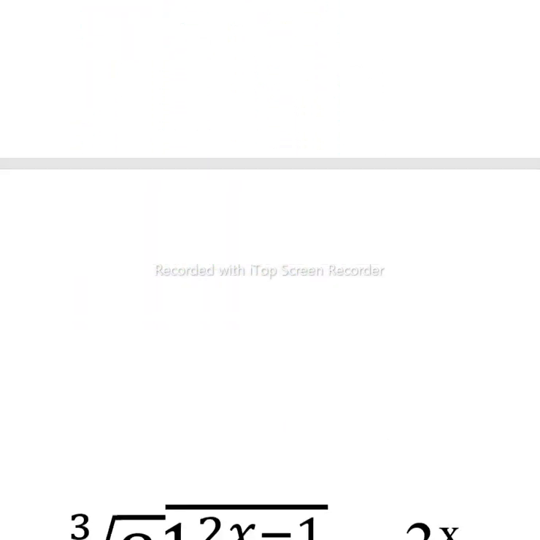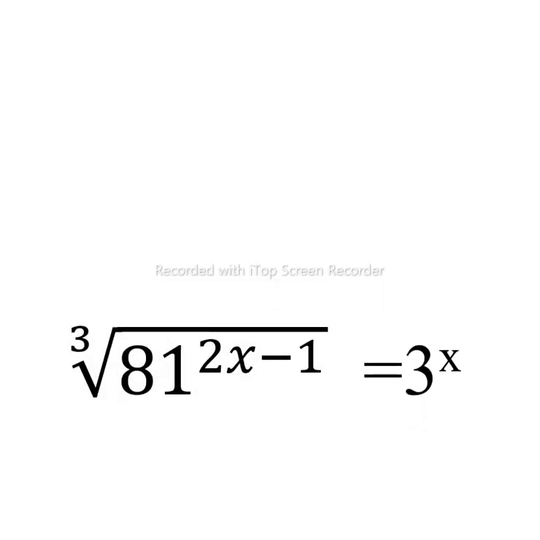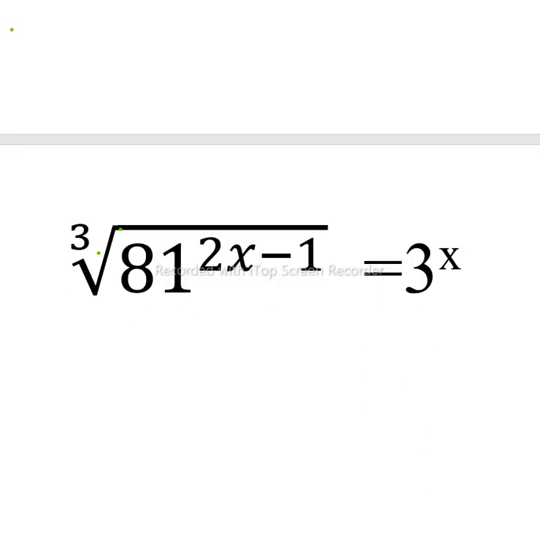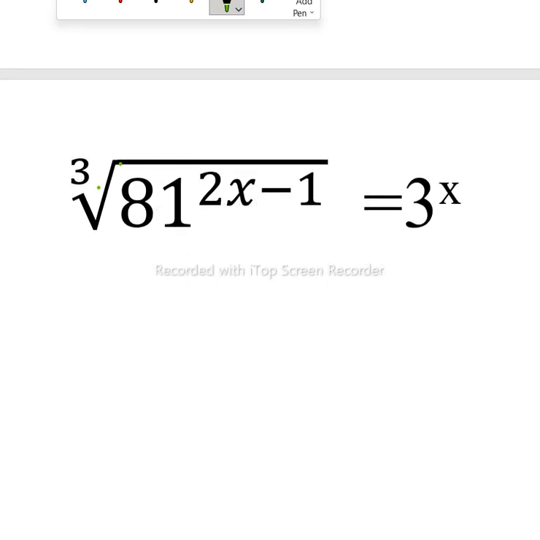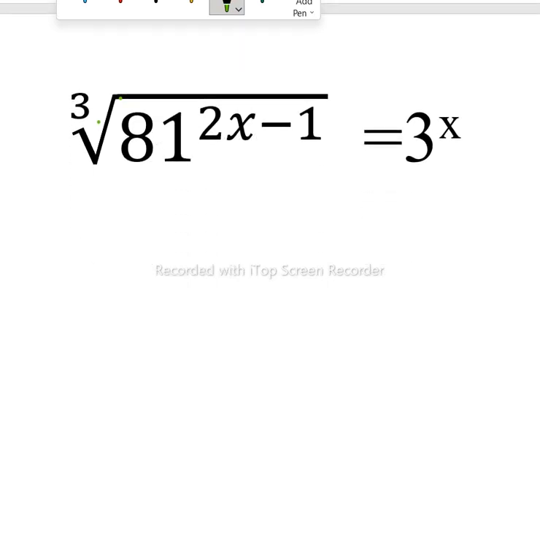Let us do the second equation. The second equation says that the cube root of 81 to the power of 2x minus 1 is equal to 3 to the power of x.